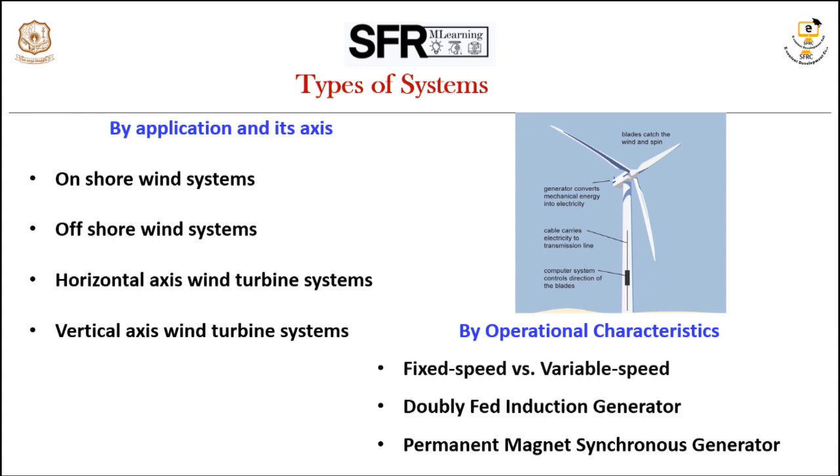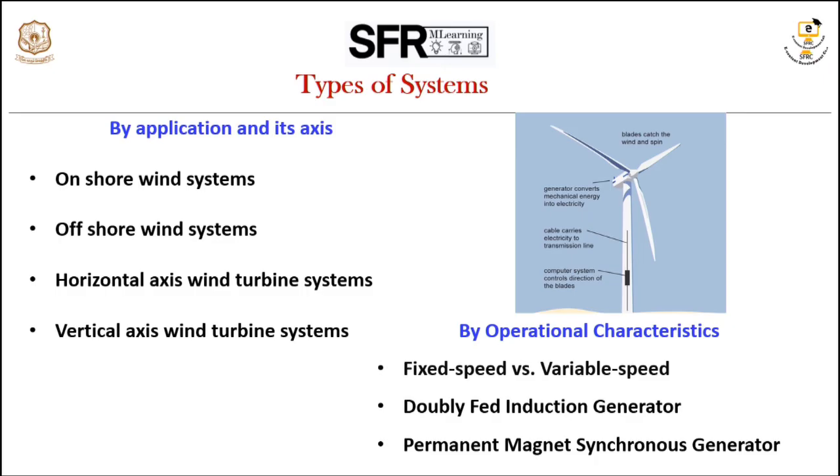The second thing is type 2, that is the variable slip system. It uses a variable rotor resistance, which allows a limited range of speed variation. The third one is type 3, that is the doubly fed induction generator.